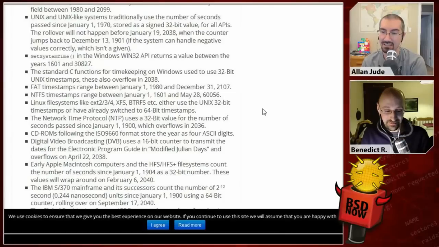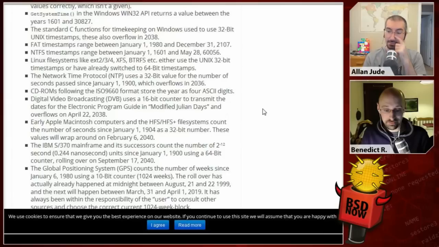Interestingly, Linux file systems like ext2, 3, and 4, XFS, and Btrfs use the Unix 32-bit timestamp or have already switched to a 64-bit timestamp. So hopefully most of them won't be affected. The Network Time Protocol uses a 32-bit value for the number of seconds that have passed since January 1st, 1900, which overflows in 2036.